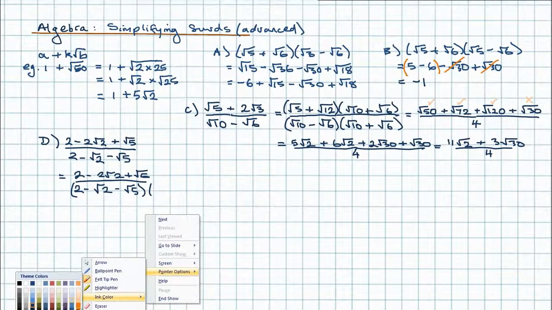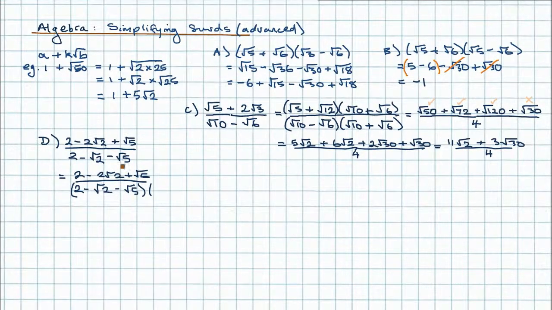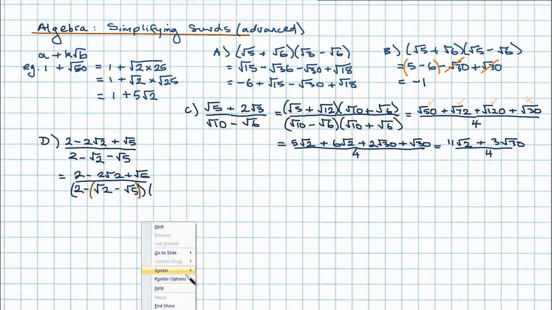Well, it takes a little bit of thinking about, so I'm going to go to one side and think about this a little. If I bracket off this quantity here, then what I would need to do is change the sign here, because this is 2 minus root 2, but this would be a plus now because that minus 1 is distributed throughout that bracket.